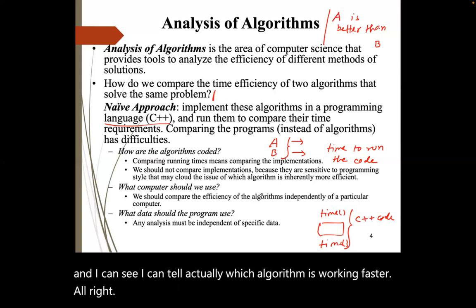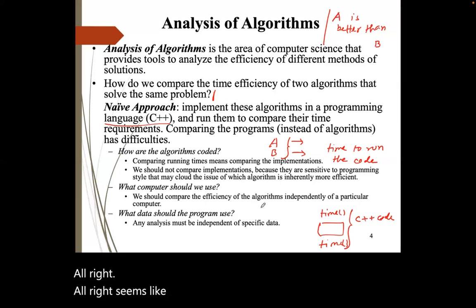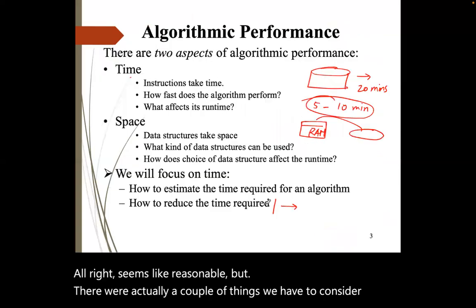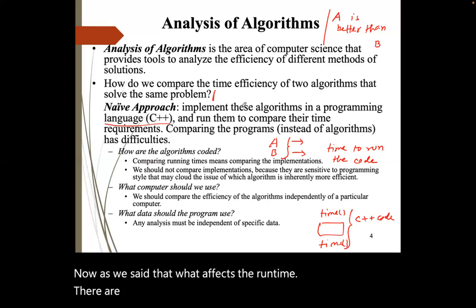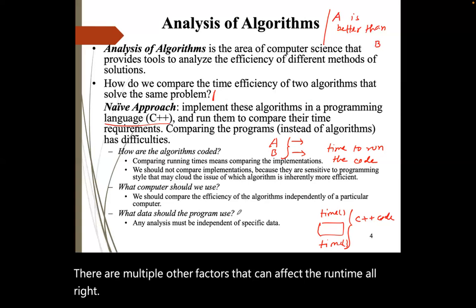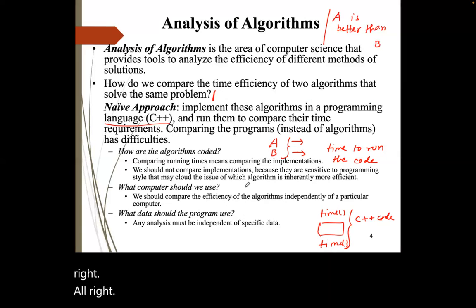Seems reasonable, but there are a couple of things we have to consider. As we said, what affects the runtime? There are multiple other factors that can affect the runtime.